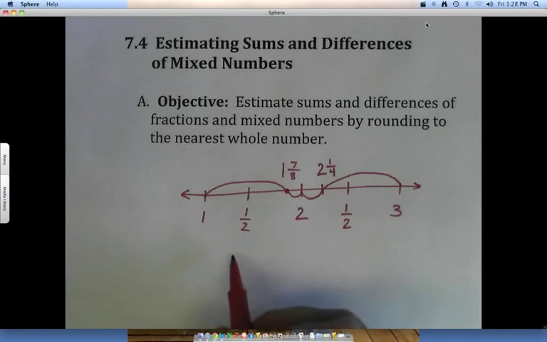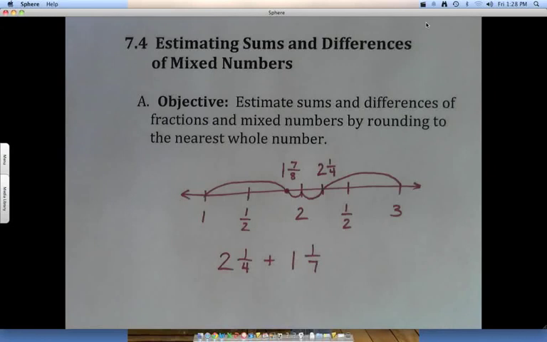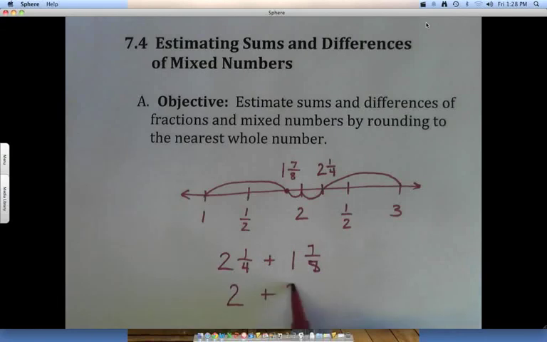So if I said 2 and 1/4 plus 1 and 7/8, and I wanted an estimate, I already said that 2 and 1/4 is closer to the whole number 2, and 1 and 7/8 is closer to 2 than 1, so my answer then is 2 plus 2, which is 4. So my estimate for 2 and 1/4 plus 1 and 7/8 is 4.